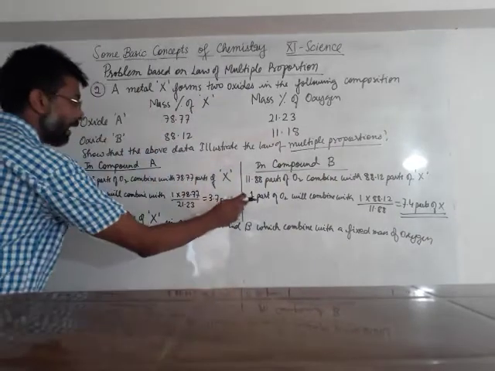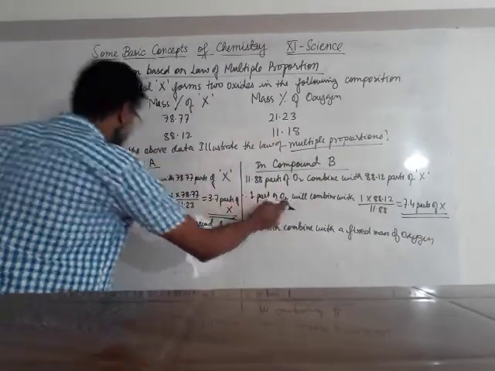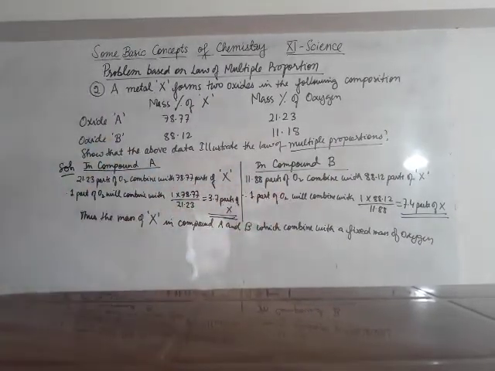The mass of oxygen, I made it fixed: one part of oxygen here, one part of oxygen here. So now we can get the ratio very easily. Thus the mass of X in compound A and B which combine with a fixed mass of oxygen are in the ratio.